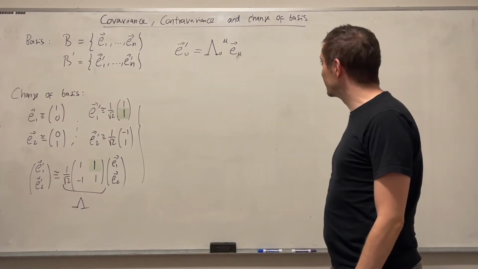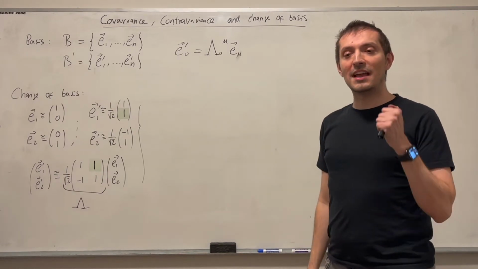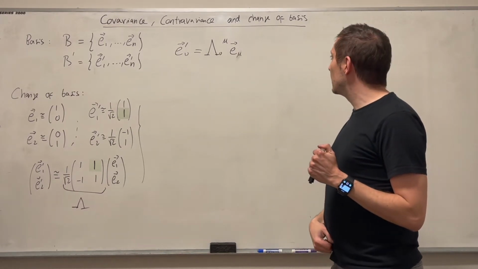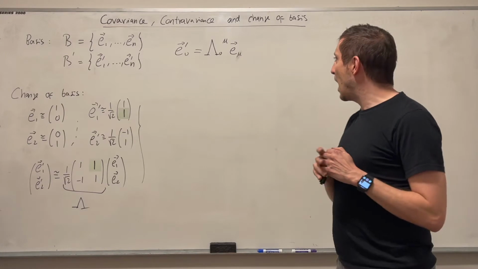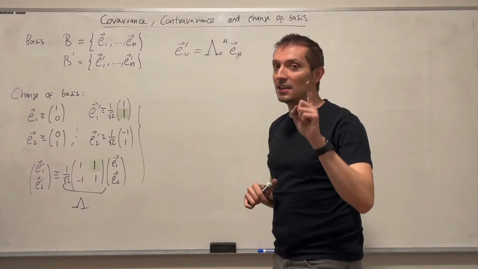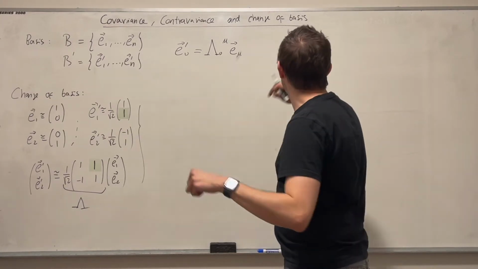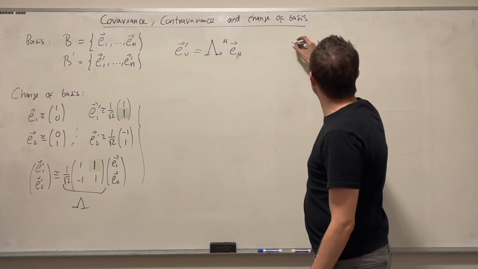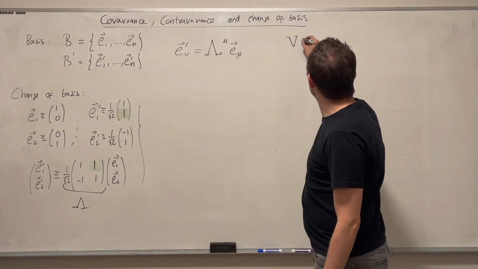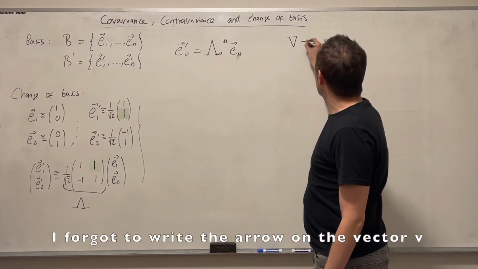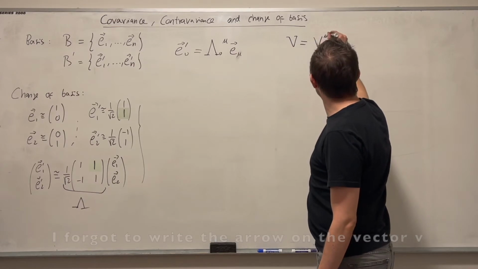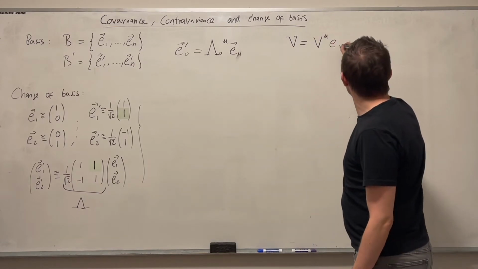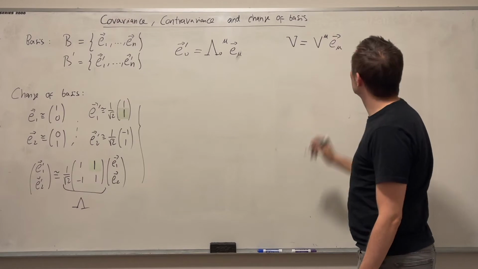All right? Cool. Now let me ask one question for you. How does a vector v transform under change of basis? So if I have v, I can write it as some components v mu times e mu, right?